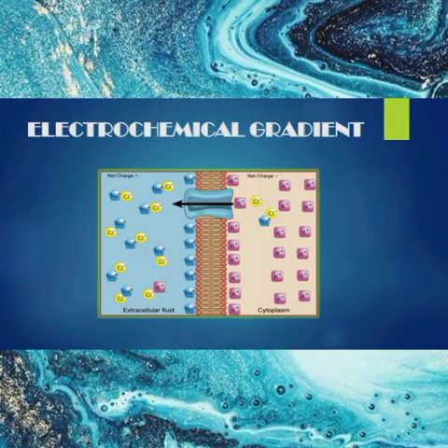Next, electrochemical gradient. Before starting the detailed discussion of different types of active transport, I would like to discuss the basic concept of electrochemical gradient. As I have discussed simple concentration gradient in my previous video, in which a substance is found in different concentrations over a region of space or on opposite sides of a membrane.